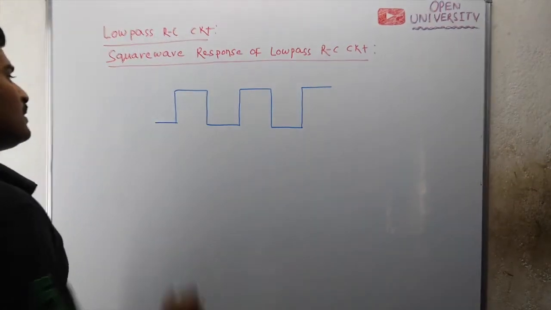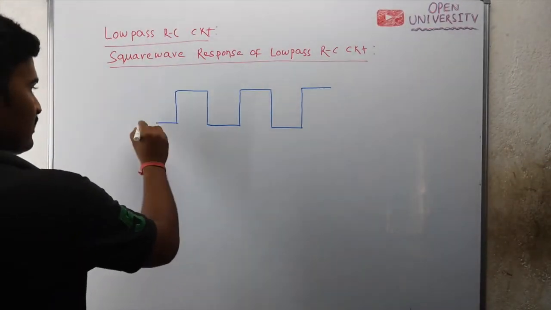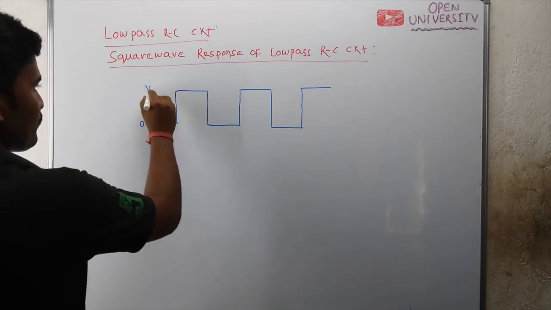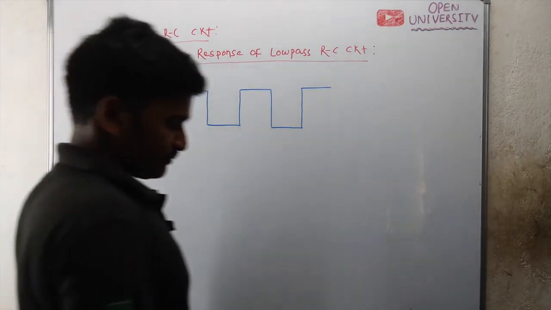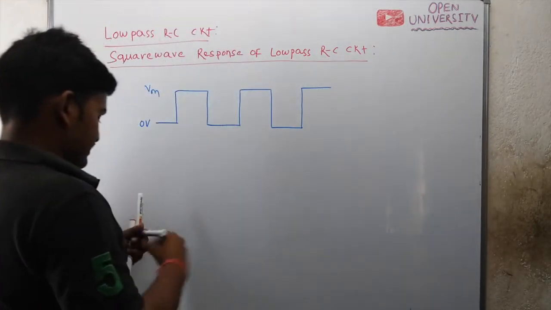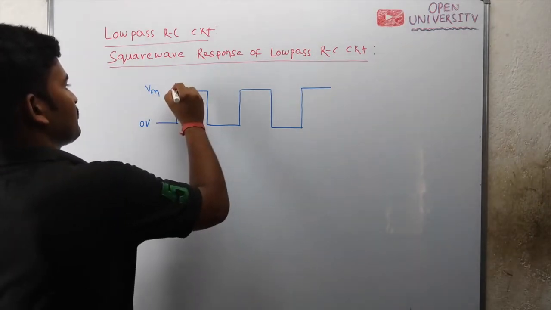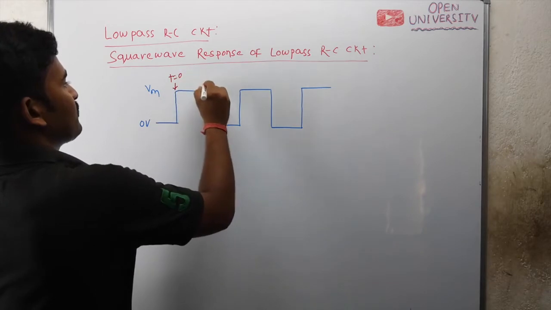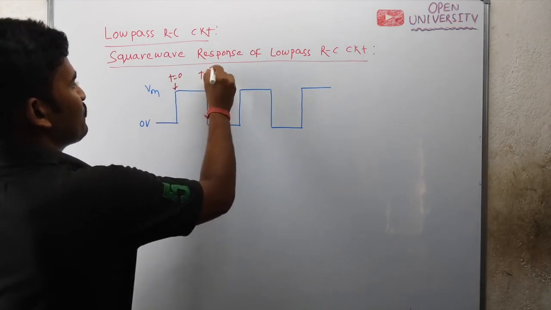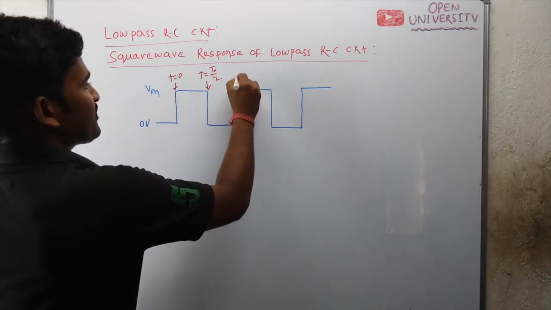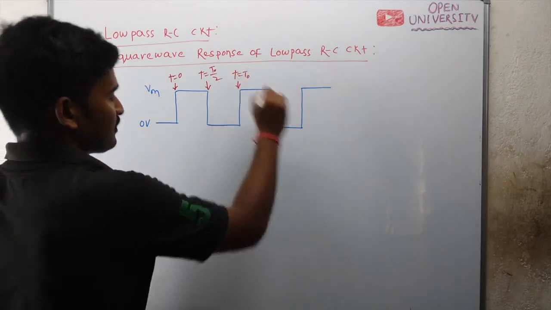Let this be a square wave signal which is varying from 0 to Vm, and at this point t is 0, at this point t is t naught by 2, and at this point t equal to t naught.